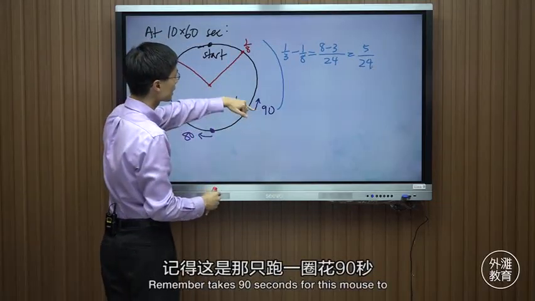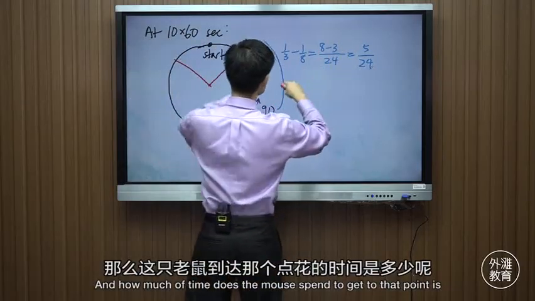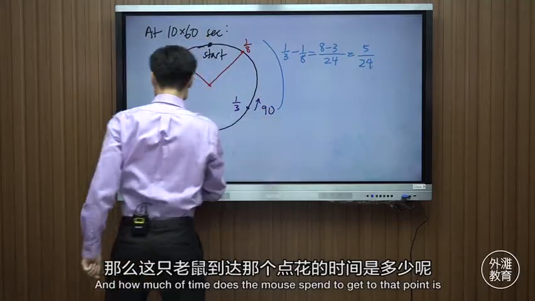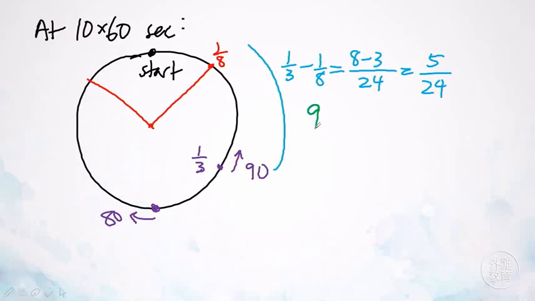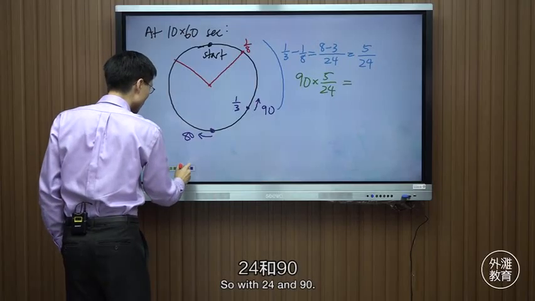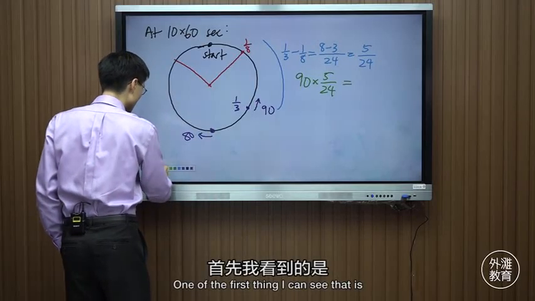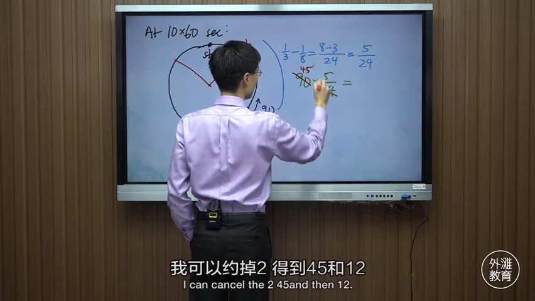Remember, it takes 90 seconds for this mouse to go all the way around. And so how much time does the mouse spend to get to that point is the product 90 times 5 over 24. Well, here, let's start canceling. With the 24 and the 90, one of the first things I see that I can cancel is the 2, 45, and the 12.